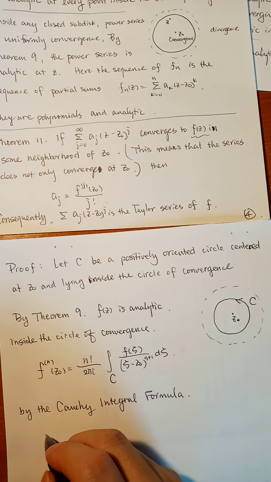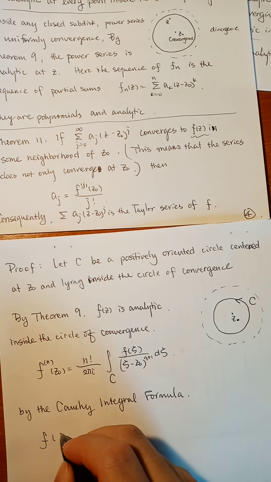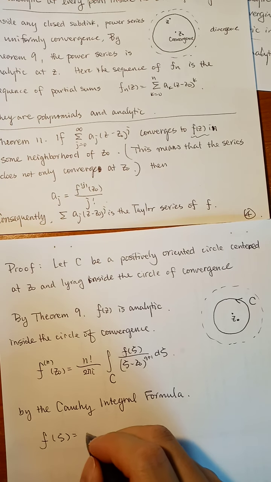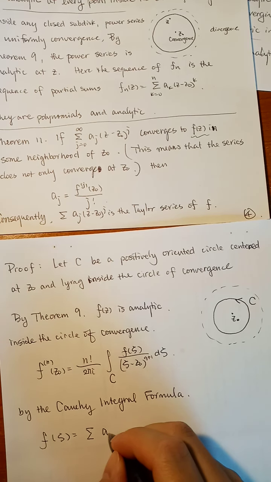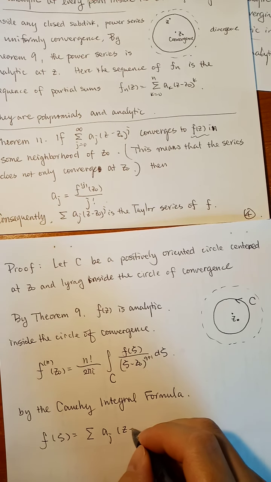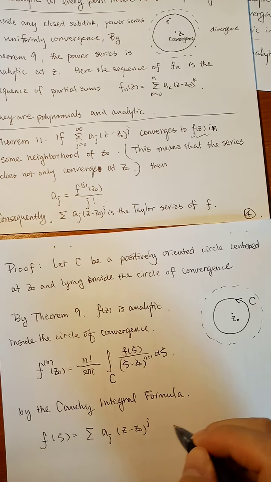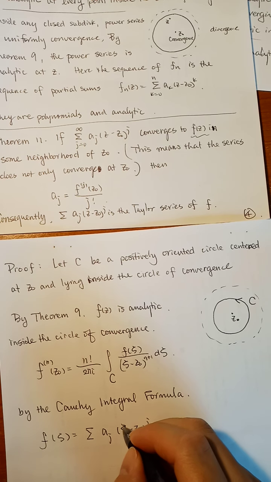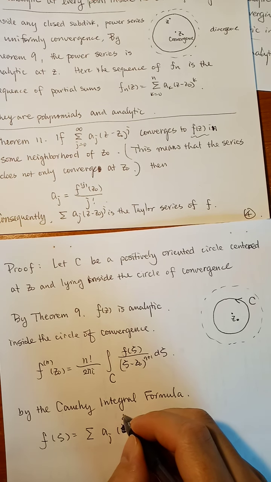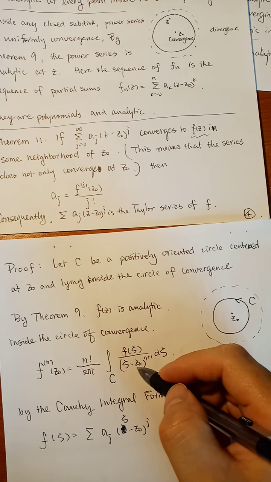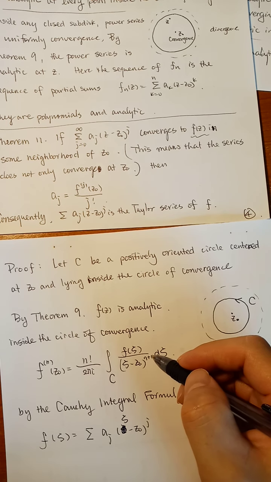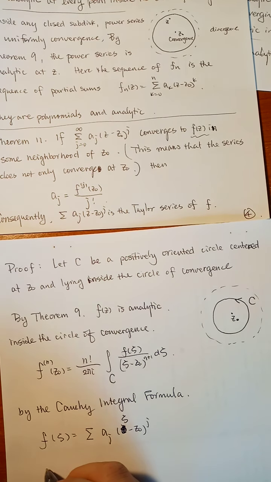And you see, f(theta) is the sum of a_j (theta minus z0)^j, and then we divide it by (theta minus z0) to the power n plus 1.